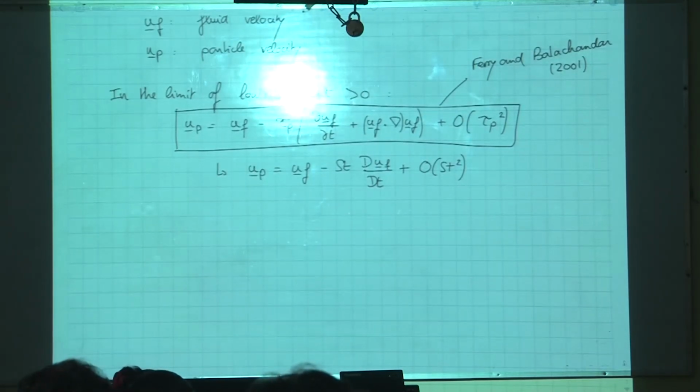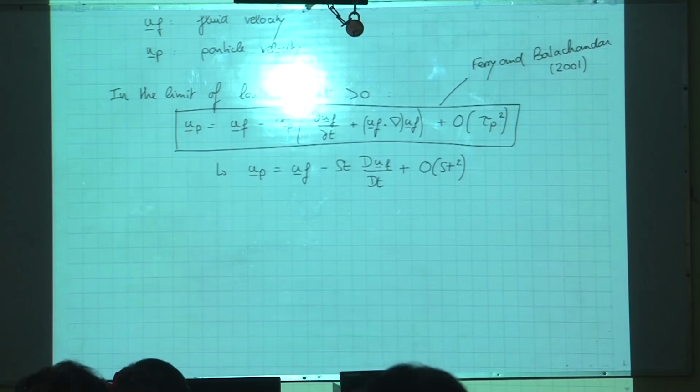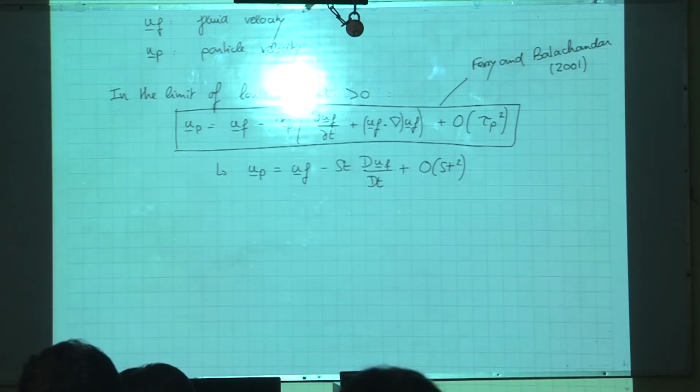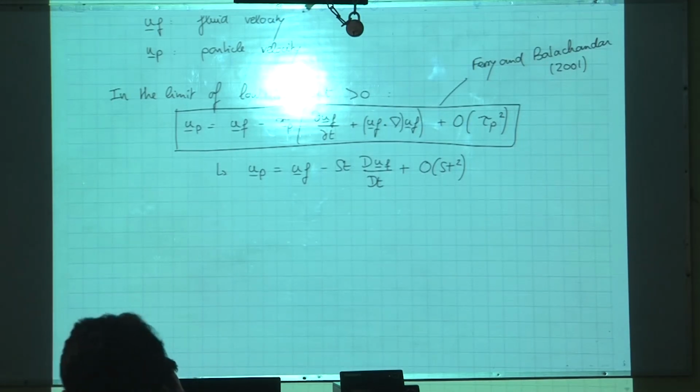So what is preferential concentration? It is the change of local concentration due to the characteristics of the flow field. What would lead to the change of local concentration in particles? Well, we just wrote our equation for the number density. It is dn/dt plus divergence of n times UP is equal to 0.